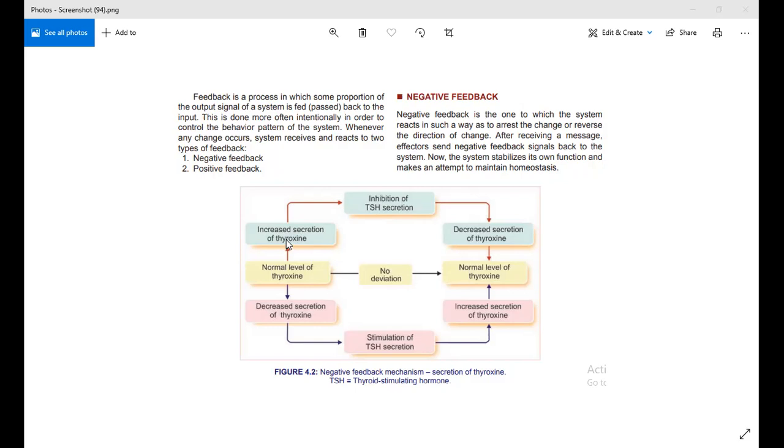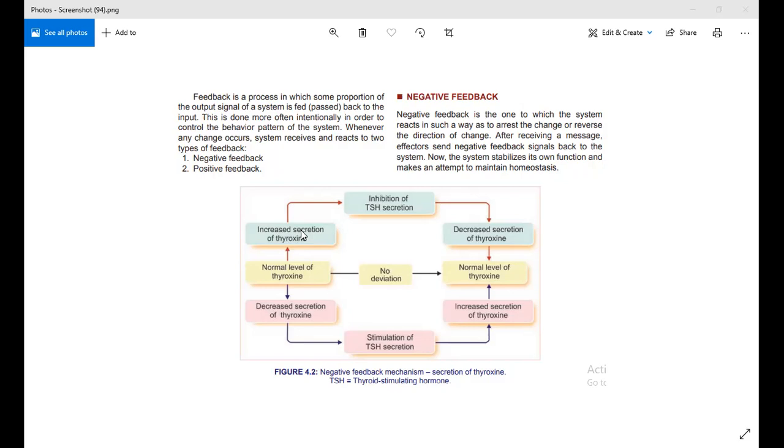Once the temperature has become normal, for example, there has to be an inhibition of the thyroid gland. So what will happen? Messages will be sent to the regulatory center to tell the thyroid gland, stop producing thyroxine. We don't need thyroxine anymore because the temperature has already been regulated.